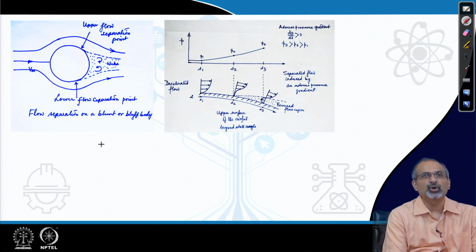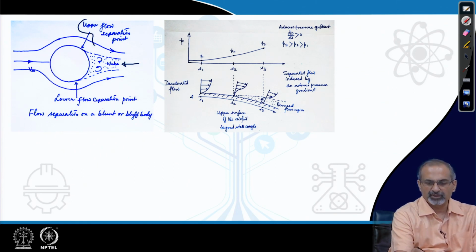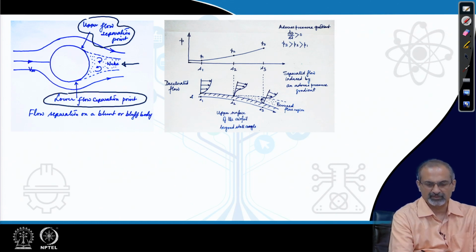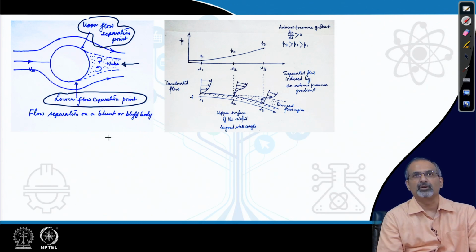If it was a blunt or a bluff geometry, you would usually see a much wider wake behind the body, like what we have seen here, and usually an upper separation point and a lower separation point due to the large width of the body.